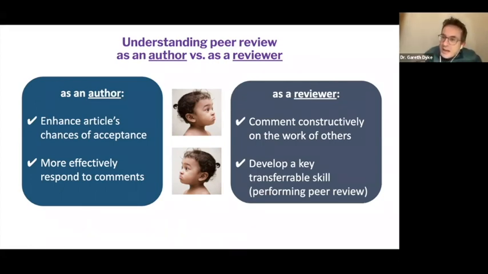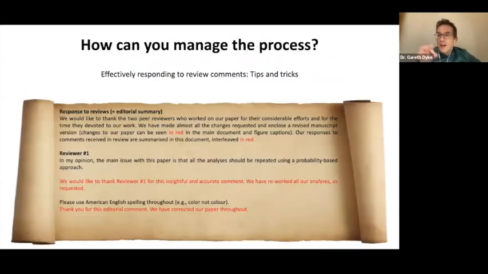But doing peer review, commenting on the work of other researchers constructively, is actually a really key transferable skill. So something that you can develop as part of your career progression, your career development, as well as a researcher. So you've got different perspectives on the peer review process as an author and also as a reviewer.